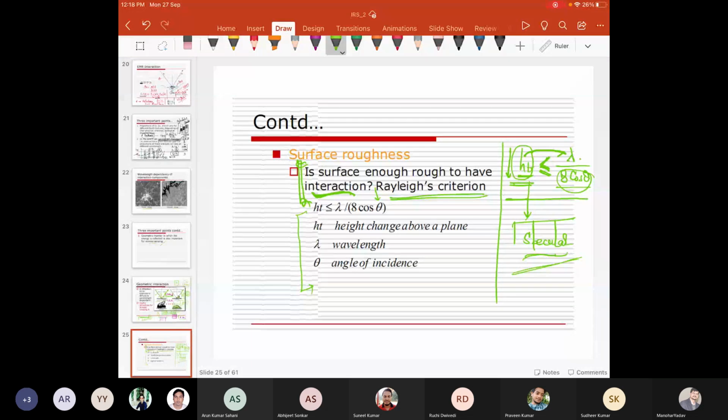Furthermore, if you decrease the wavelength, then what will happen? It will be diffuse. So just see over here, at a fixed surface roughness, at large wavelength it is specular, while at short wavelength it is diffuse.